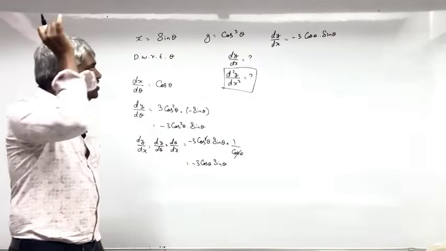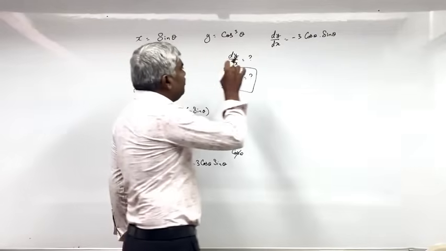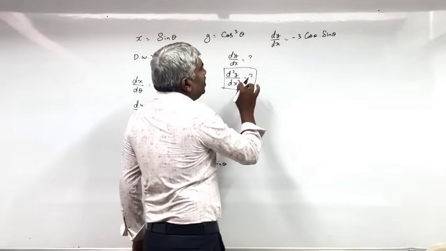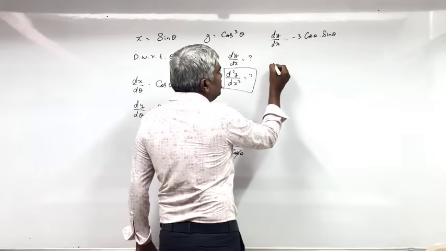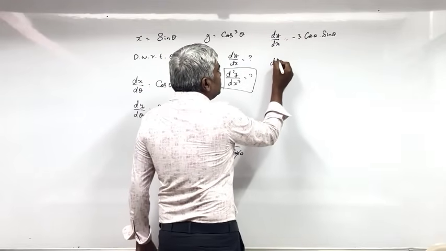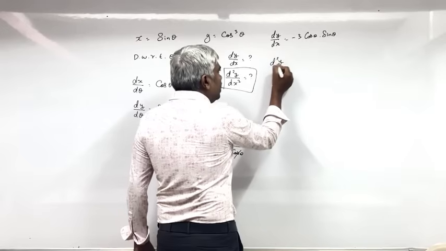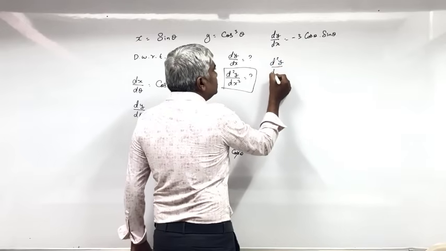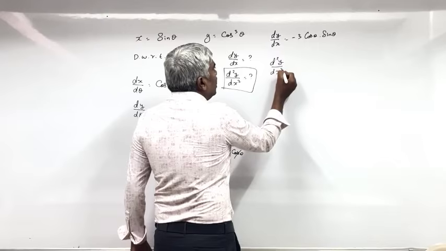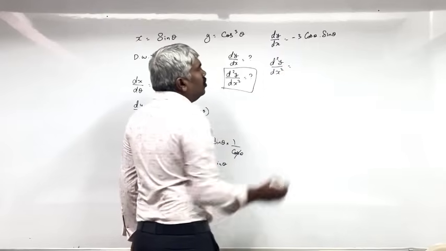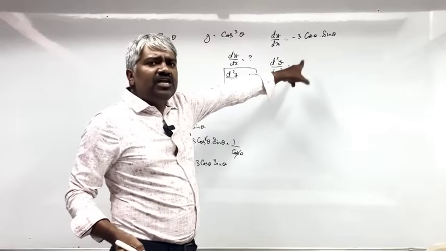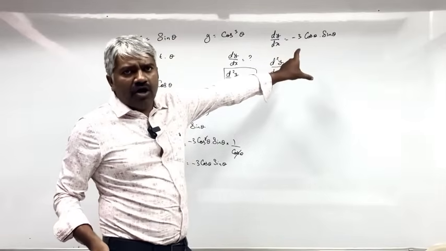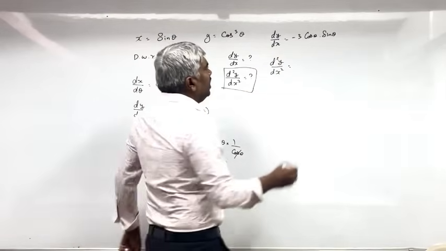Now listen, I need to find d square y by dx square. I am going to differentiate this with respect to x. Now I don't have x over here. Still you differentiate normally, right?